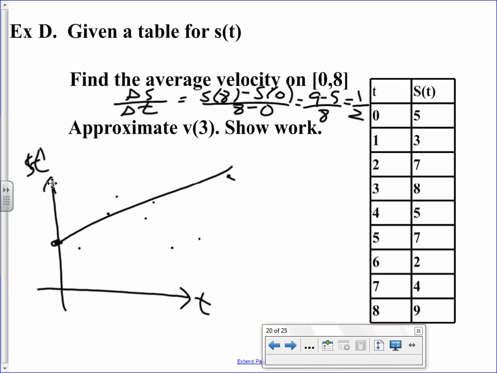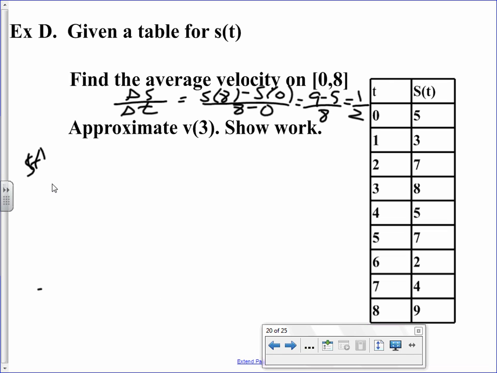So if I'm interested in finding the slope of this position graph at (3, 8), I'll just use that point and the one before it, that point and the one after, or the one before and the one after. Because you're trying to get the slope as close as you can to when t equals 3.